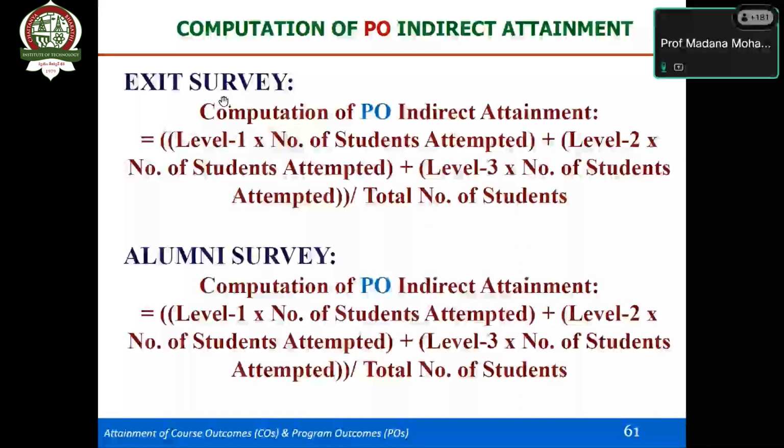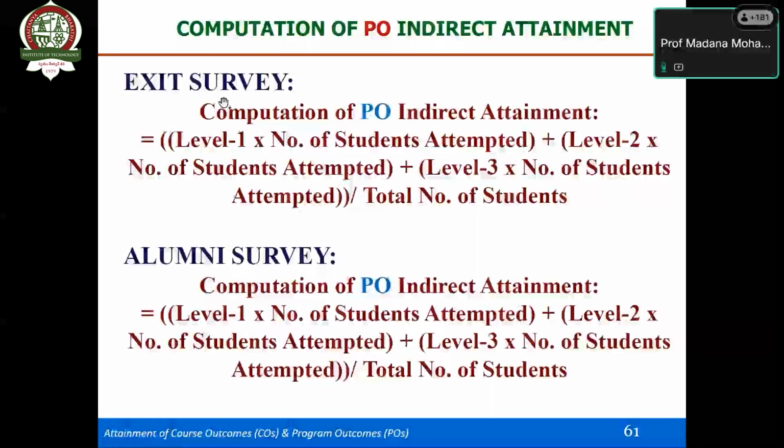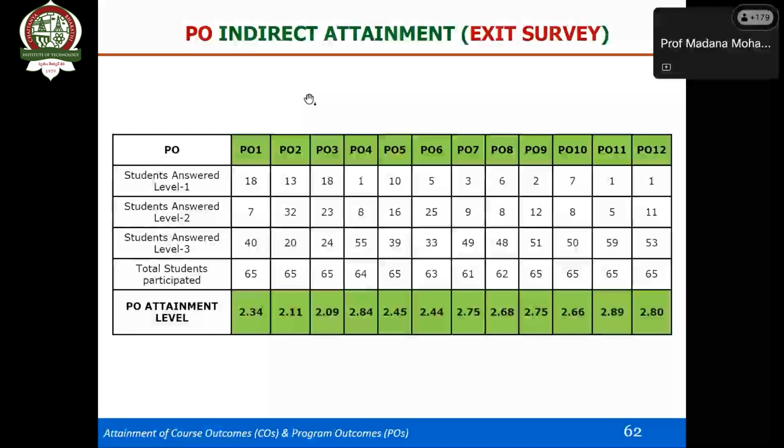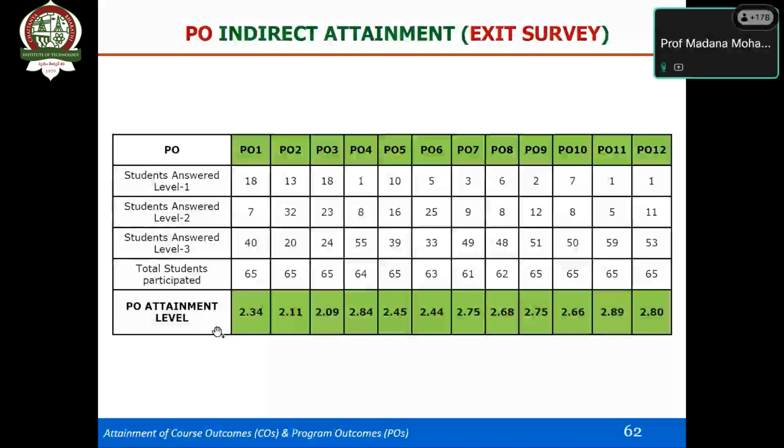Then the calculation part is the same as CO indirect attainment: level 1 into number of students attempted plus level 2 into number of students attempted plus level 3 into number of students attempted, whole divided by total number of students participated. Now you can calculate the exit survey responses and attainment level as part of indirect attainment.